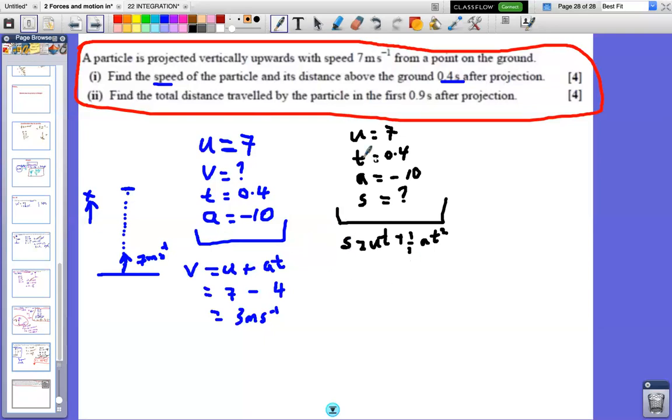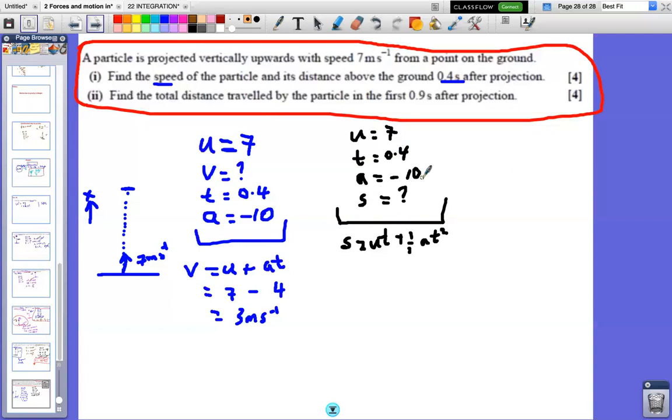Now, I will make a note here. When I give such a problem for practice to some students, after they look for this value here, instead of using this T, they will use this V here so that they can use the other equation, V squared equal U squared plus 2AS. So they will use V here as 3.